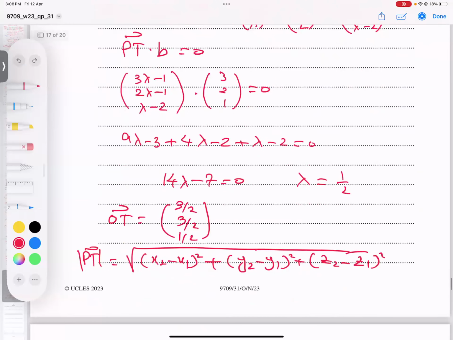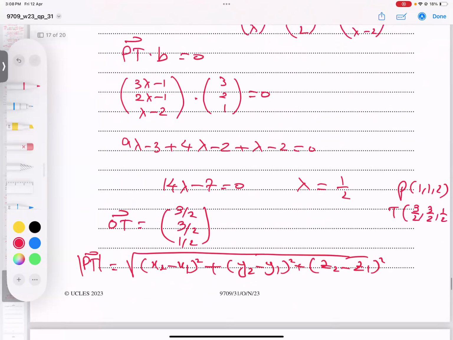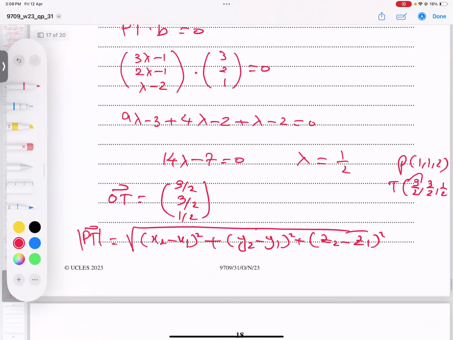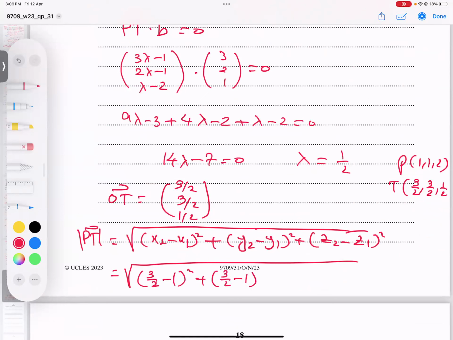And the T coordinate 3 by 2, 3 by 2, and 1 by 2. Applying x2 minus x1 whole square, I'm applying here inside. So 3 by 2 minus 1 whole square, 3 by 2 minus 1 whole square, and half minus 2 whole square.